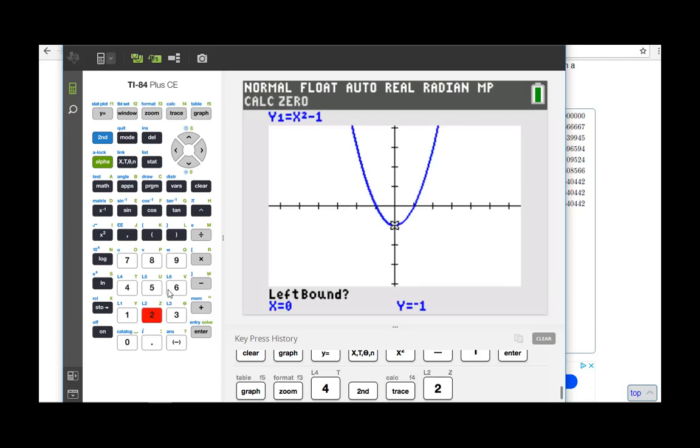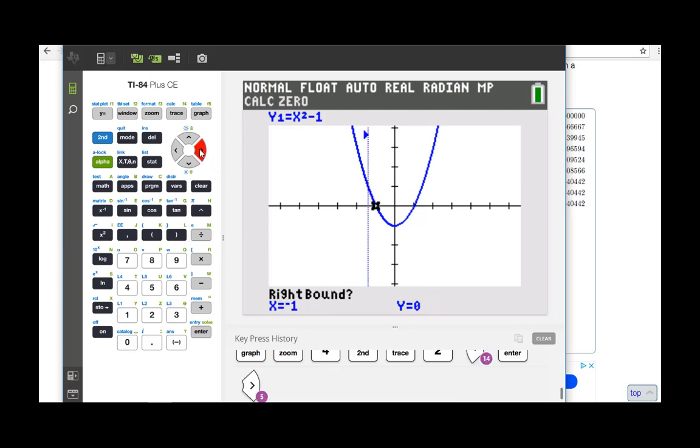And it asks me for 3 things. It says, what's a left bound? So I'm going to move to the left bound. So here's the x-intercept. I'm going to move a little bit to the left, right? So that's my x value that I'm quote-unquote guessing is a little to the left, and I'm going to hit enter. And what it wants me to do is give it another guess.